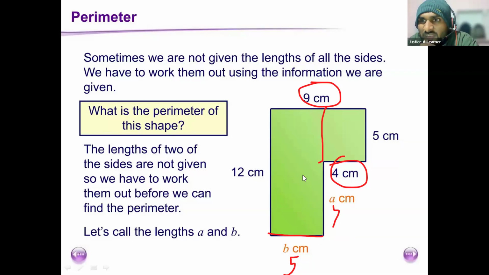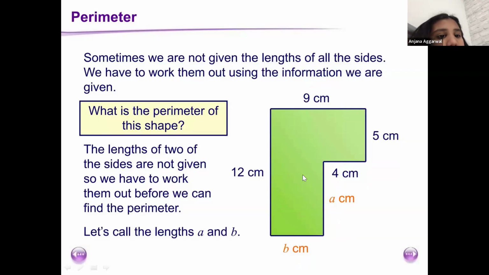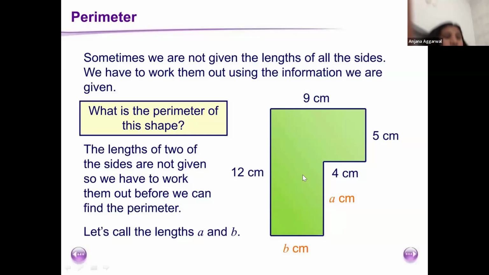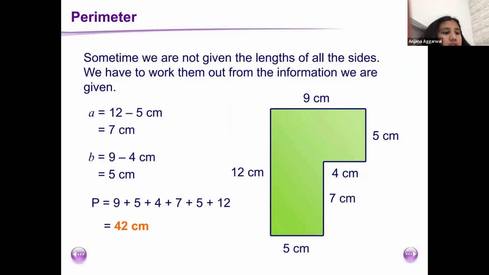True. Okay. What is the perimeter now? 42. 42 centimeters.